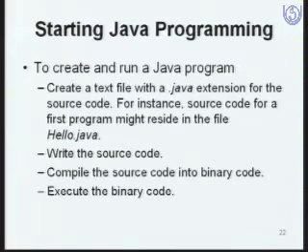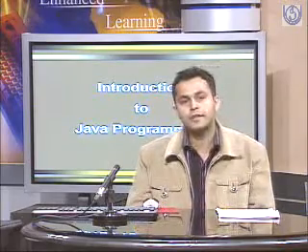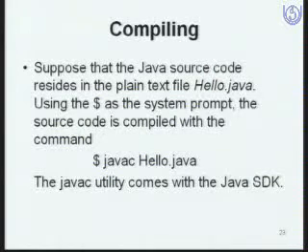Then you have to compile the source code into binary code, and then you have to execute the binary code. Before you execute a program, you have to compile that program using the compiler.